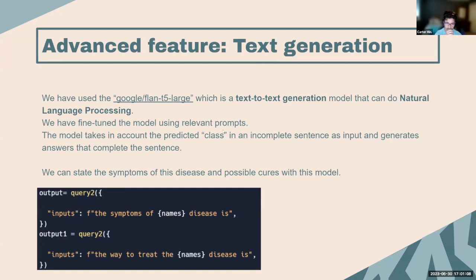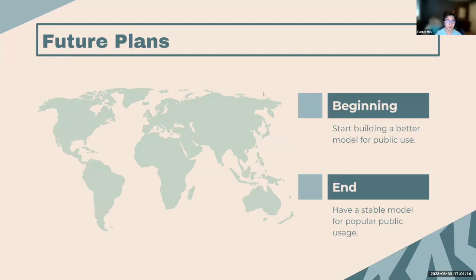It stated the symptoms, the disease, and possible cures. For our future plans, we wanted to allow this to be accessed by a lot of people in rural areas, very disconnected from society, so it can be helpful in places without as much medical attention.